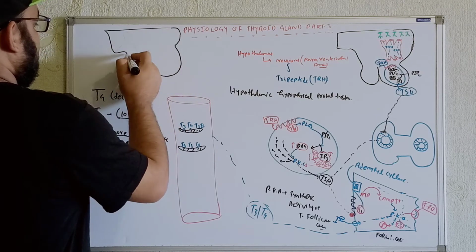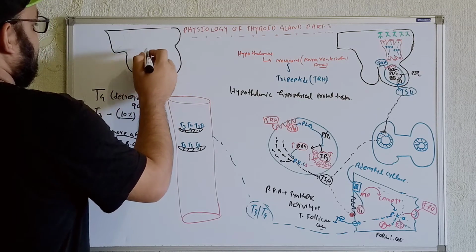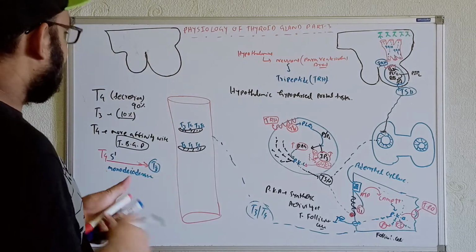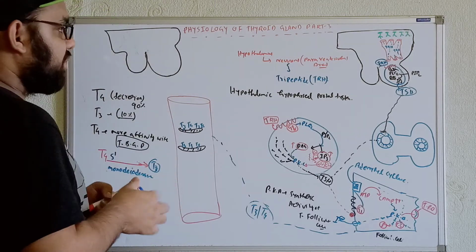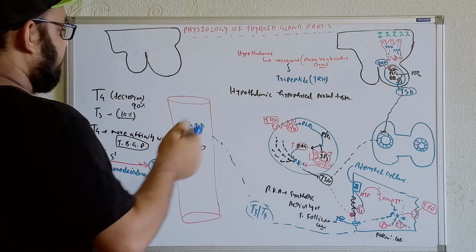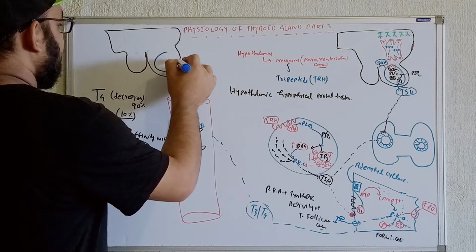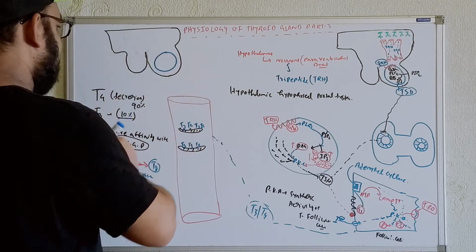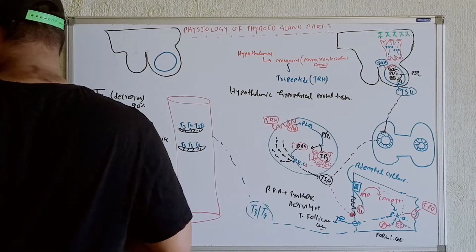For understanding purposes, I'm drawing these things. Try to understand, there is the presence of the thyroid cells over here, right?